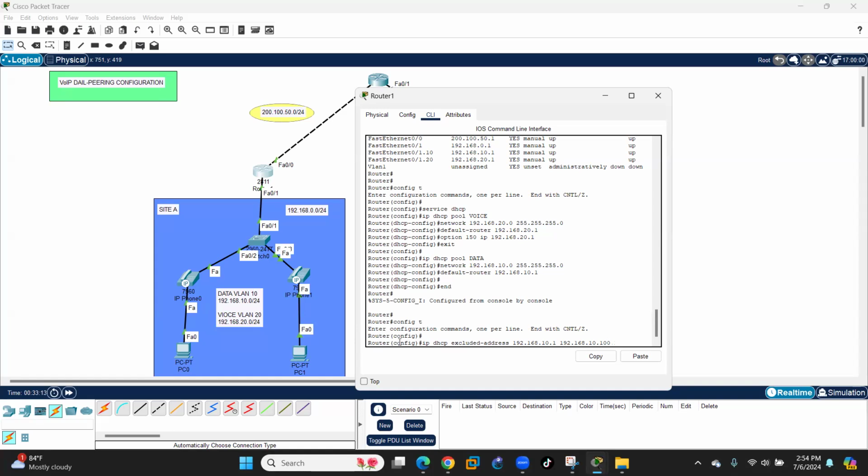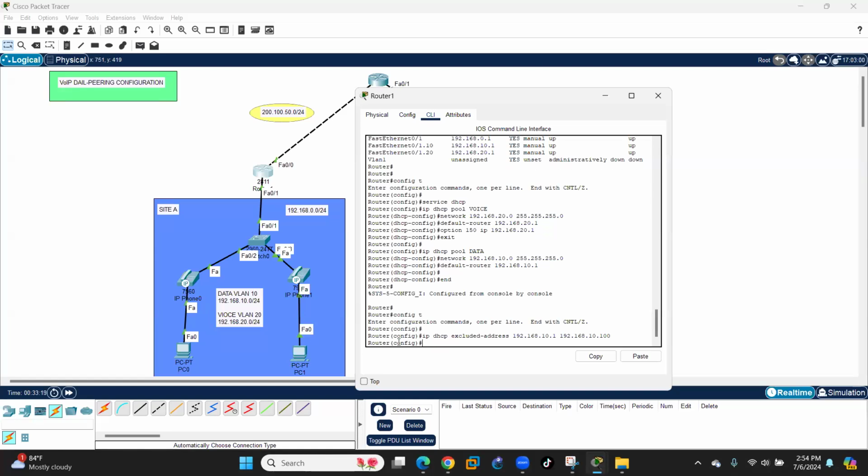Then I'm telling you, don't give this IP address out. I'm reserving them. I can do that one for IP phones too, maybe 20.1 to 20.20.